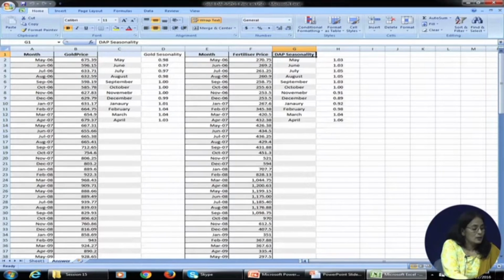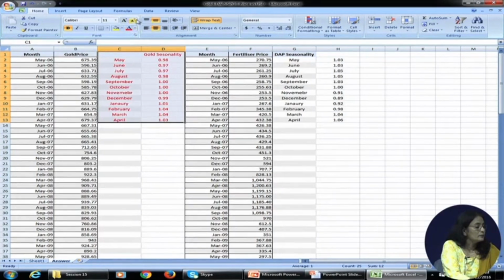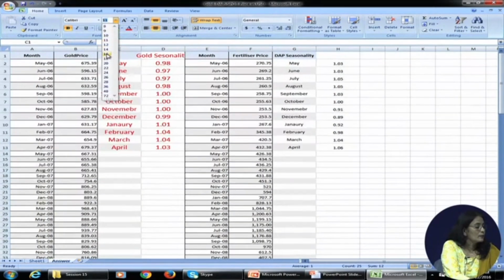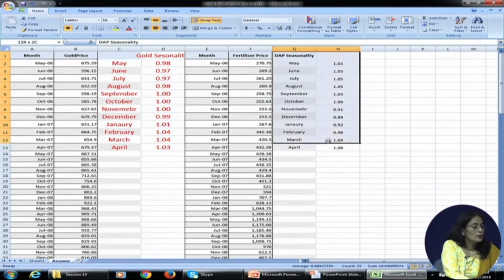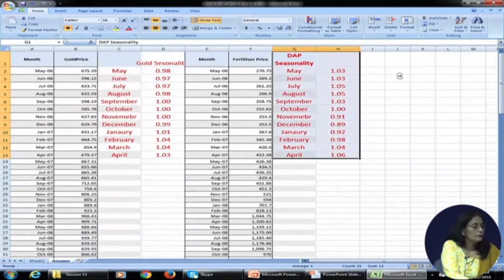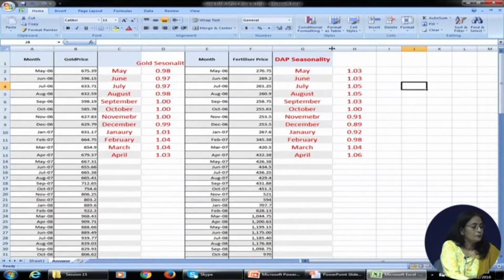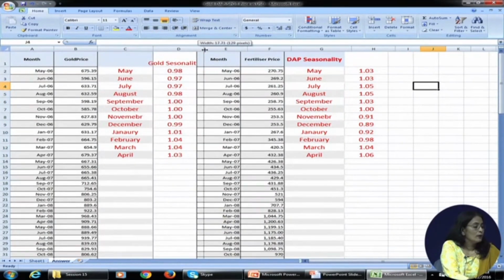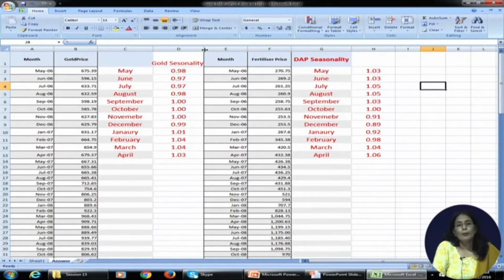Okay, let me increase the size. This is the DAP seasonality, and let me make it, let's say 16. I hope all of you are able to see these values.